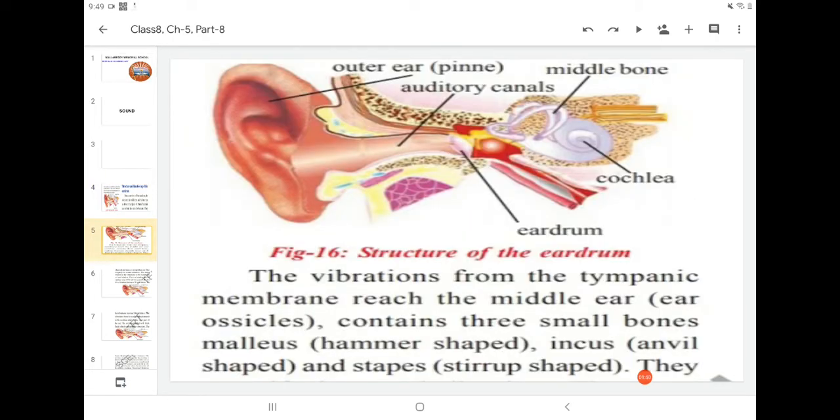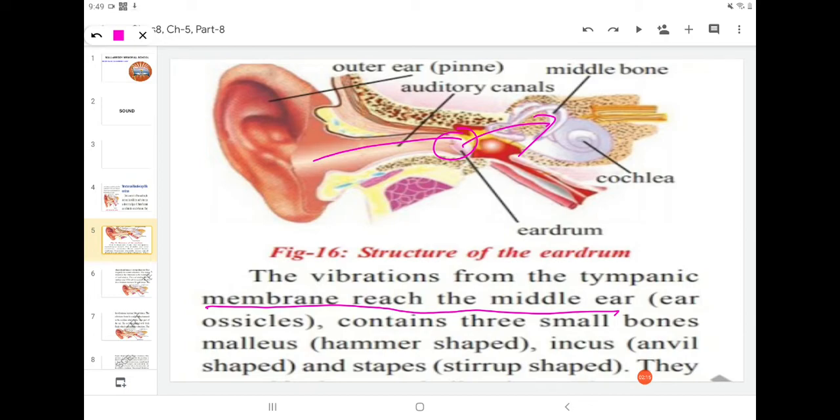So here the vibrations from the eardrum membrane reach the middle ear. It contains three small bones.